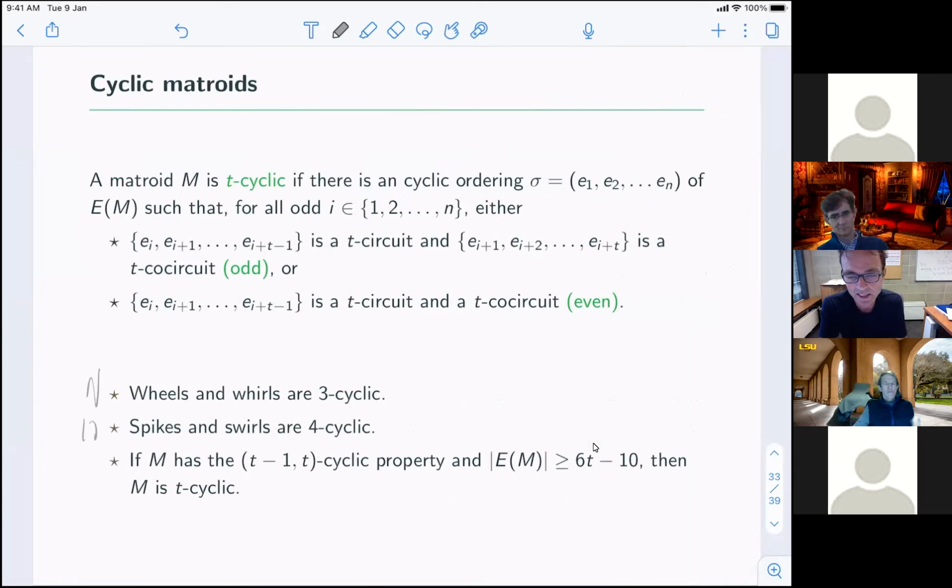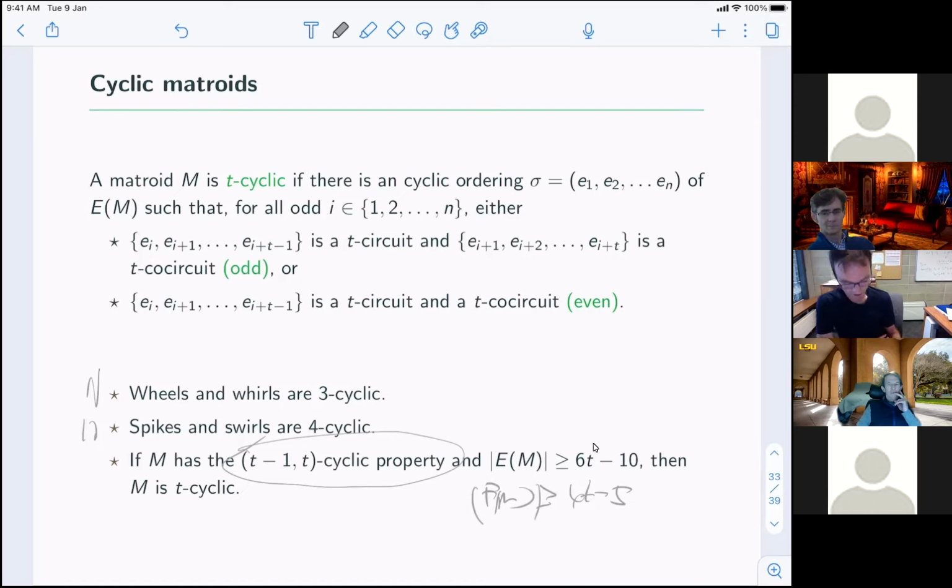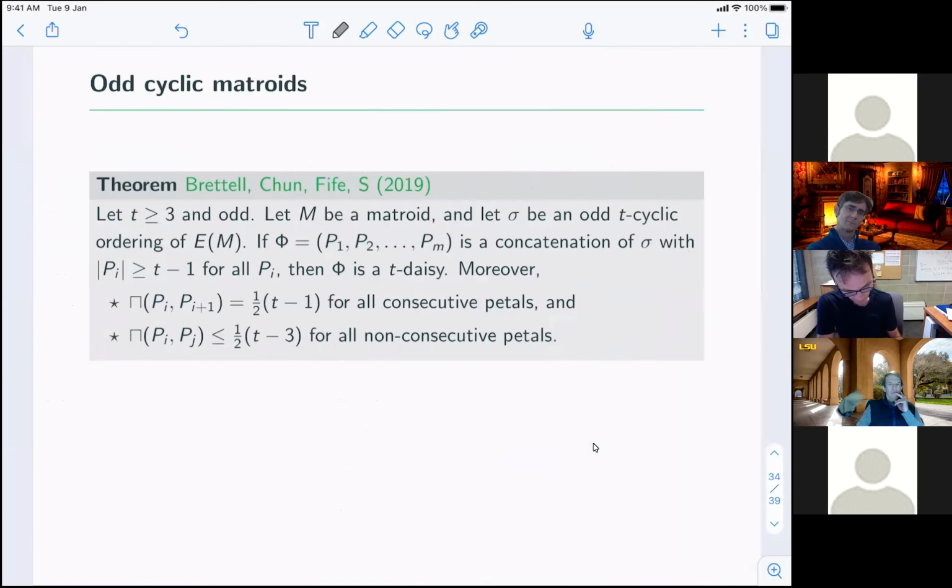If M has at least enough elements, and you've got the T minus 1 T-cyclic property, all right, then you must be T-cyclic. That's now 4T minus 5. In your T-cyclic, is there anything we can say about those structures? And the answer is yes, and they give rise to flowers.